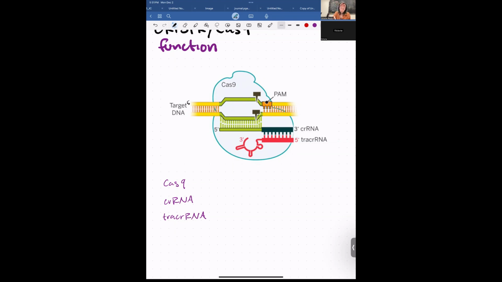This would be 5', 3', 3', 5'. And then if the CRISPR RNA sequence here matches that region 20 nucleotides upstream of the PAM, then a double-stranded break is induced 3 nucleotides upstream of the PAM.